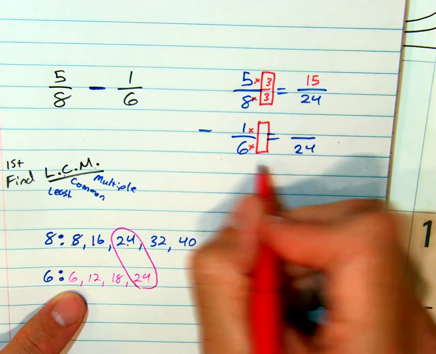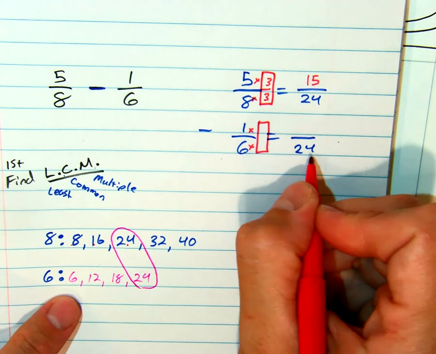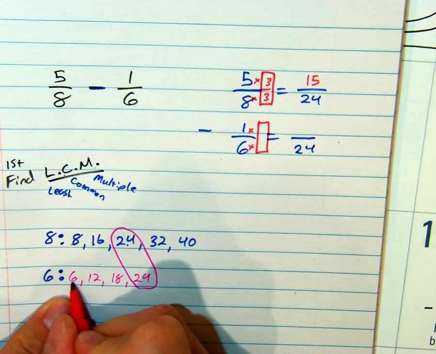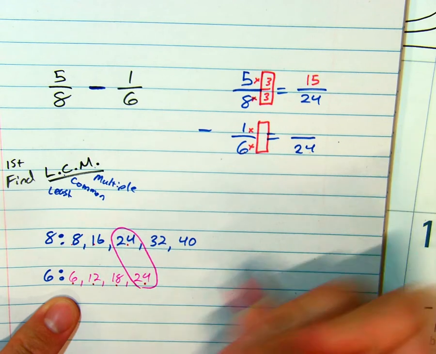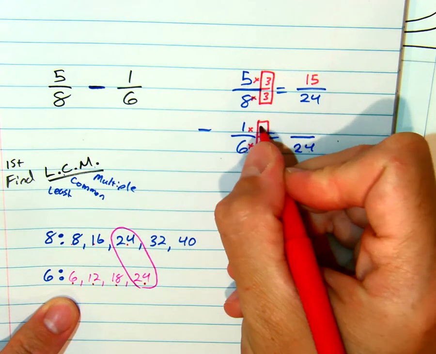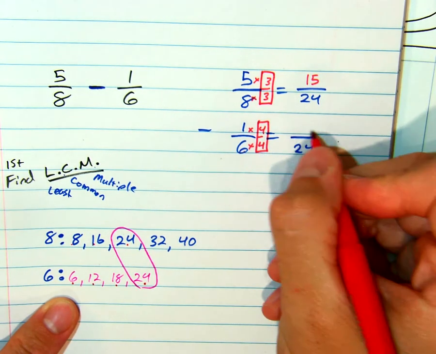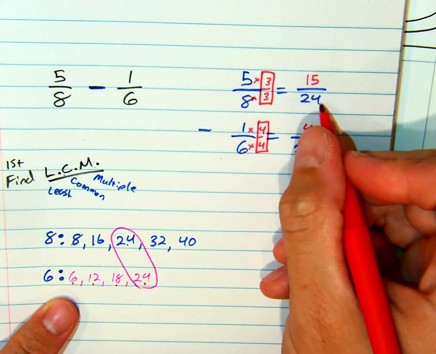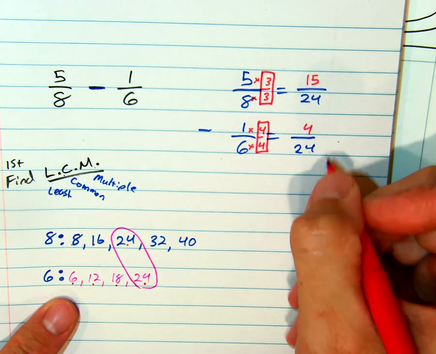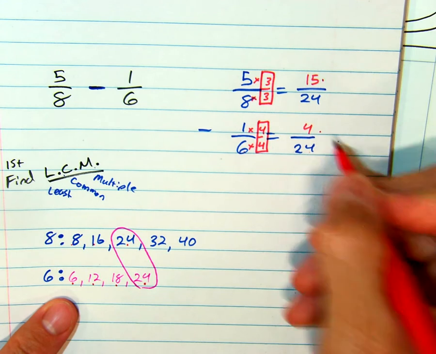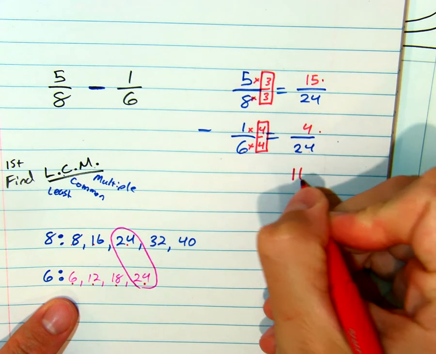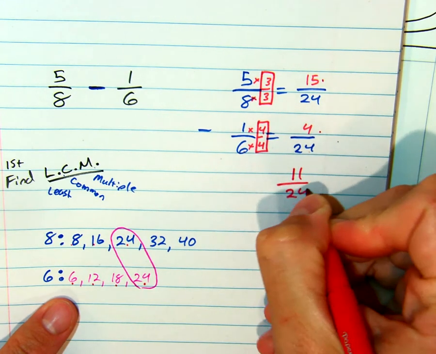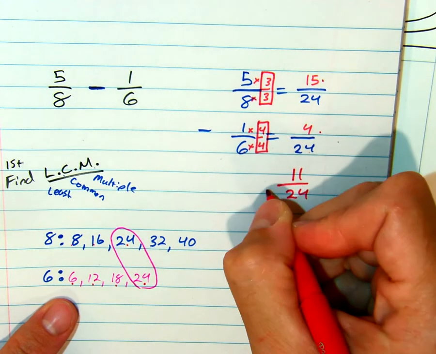Coming down to 6. 6 times what is 24? 1, 2, 3, 4. Multiplier. 4. 1 times 4 is 4. Now I have a problem with the same denominators. We have like denominators. Let's subtract 15 minus 4. We get 11 over, keep the denominator, 24. So that is a correct answer.